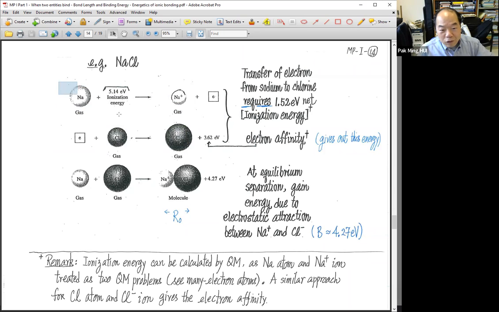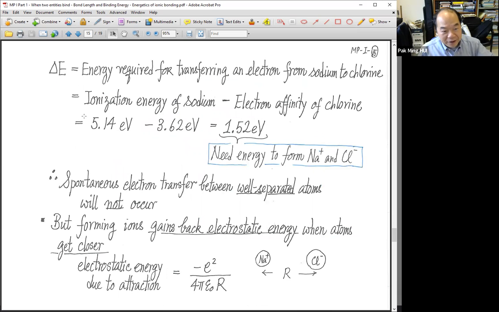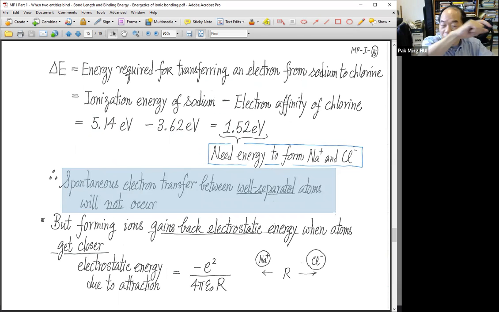That is to say, forming sodium and chloride ions spontaneously when the atoms are far apart is not energetically favorable. So that is the balance sheet. To form sodium plus and chlorine minus, you give out this, but you still need 1.5 eV. So if the ions are very far apart, this will not occur, so-called electron transfer in some chemistry language.